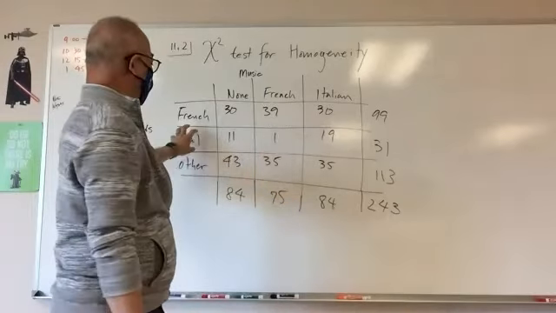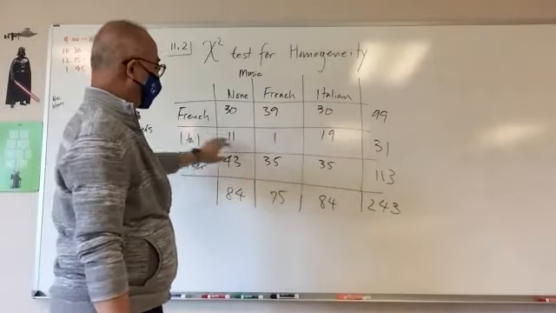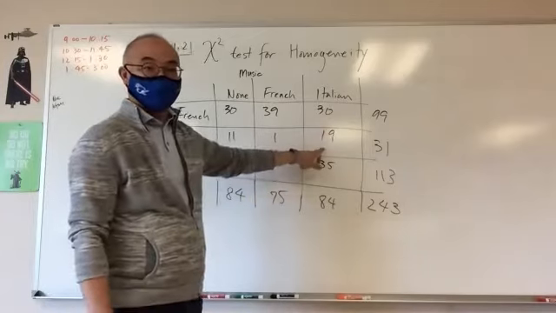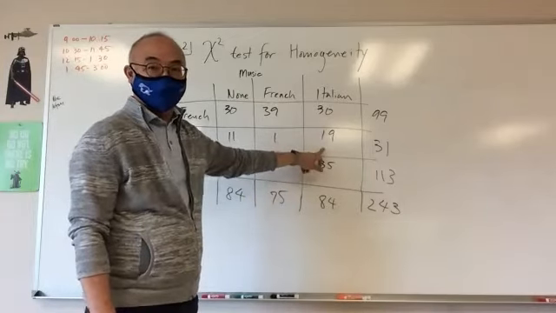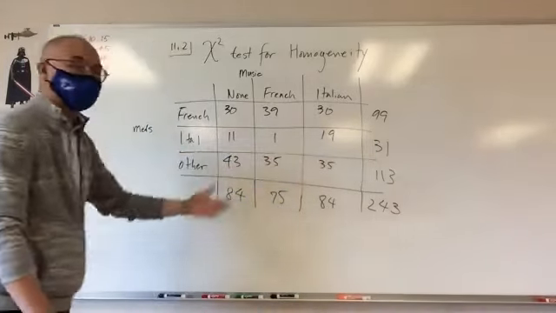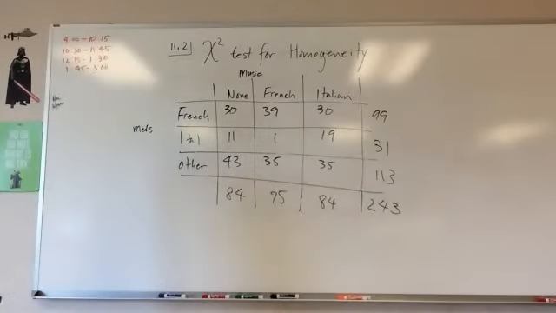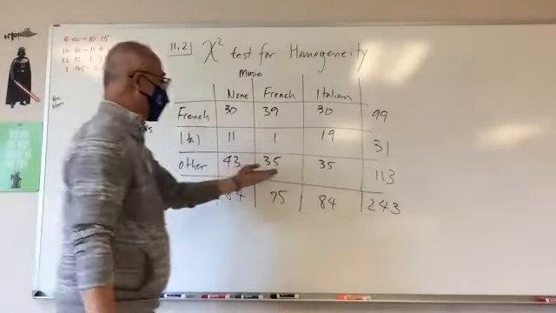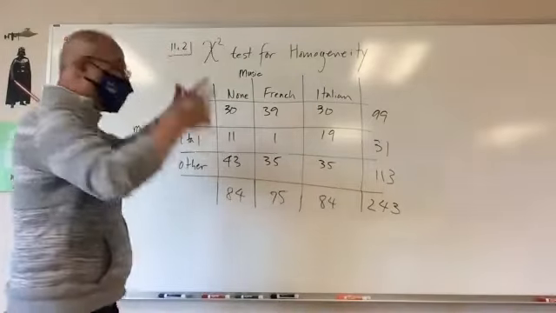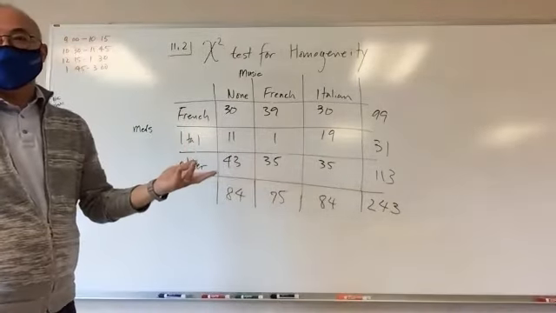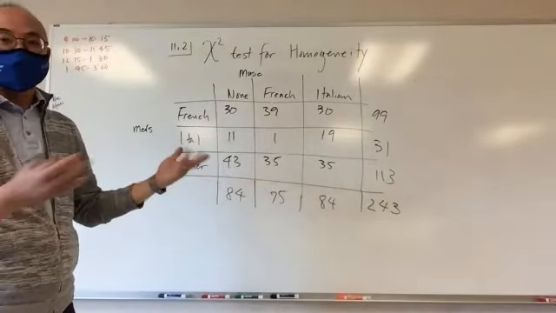When I play Italian, definitely Italian food gets ordered more. So it looks as though there's some sort of relationship here. The question again is, is this just happenstance or is there something going on?